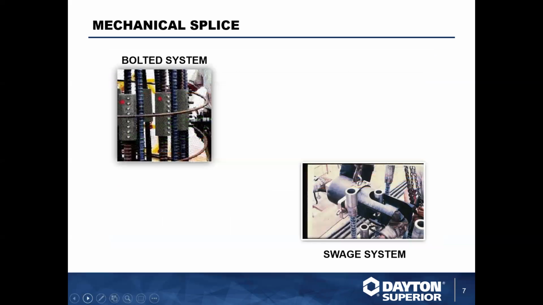Now, on the mechanical end of it, we're going to talk a little bit about the bolted system. We were fortunate, we actually bought a company back in the early 2000s called Barlock Company.